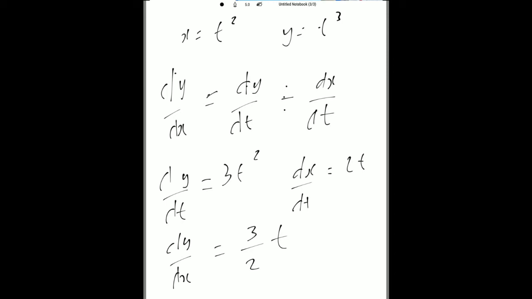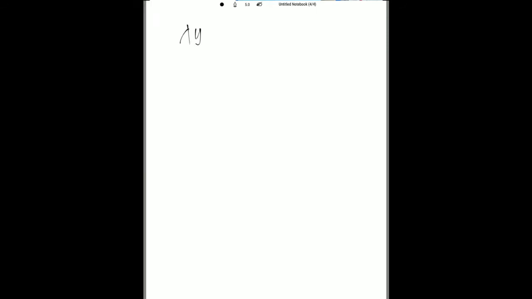Now, to find the second derivative, what are we going to do? We are going to be finding the derivative of dy by dx. So let me remind you, as we wrote on the previous page, that dy by dx is equal to 3t over 2. When we find the first derivative of a parametric equation, we end up with a function in terms of t.